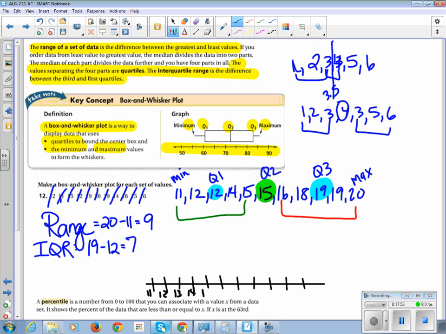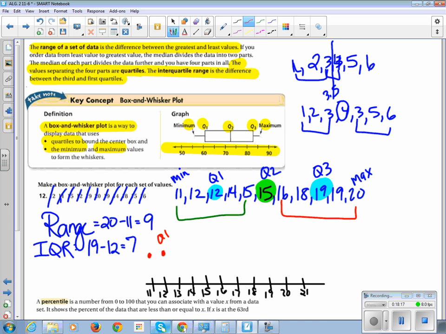So you make a little number line on the bottom. We indicate the minimum value. We indicate quartile 1.